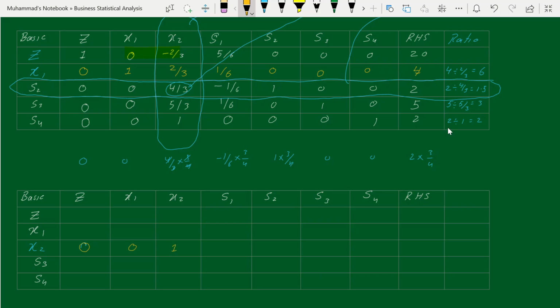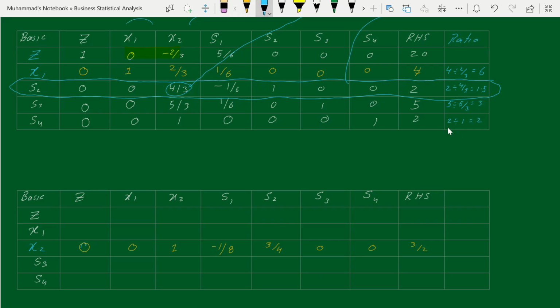And if we solve it, 1 by 6 times 3 by 4 we can write as minus 1 by 8, and then 3 by 4, 0, 0, and 2 times 3 by 4 gives 3 by 2. So now we found the new x2 row. Now we'll find the new s3 row, new x1 row, and new s4 row.